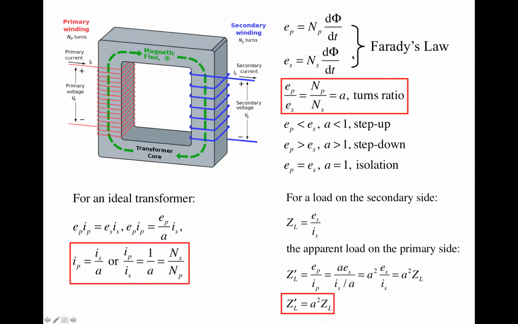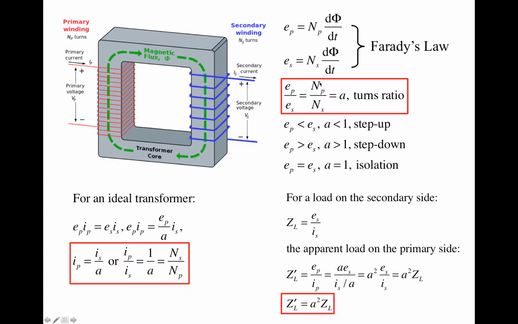This phi and this phi are exactly the same. So if we divide these two equations, the left-hand side is the voltage ratio between the primary side and the secondary side. And the d phi over dt cancels out, and the right-hand side becomes N_P over N_S.